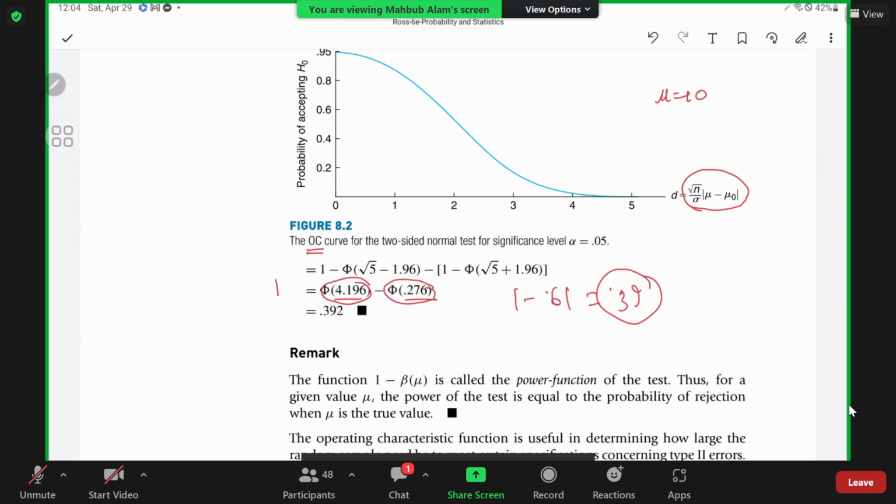One more thing is defined. We call it a power function, or simply the power of the test, which is 1 minus beta of mu1, which here is 0.6, 0.66, or more specifically 0.61. What does it mean?